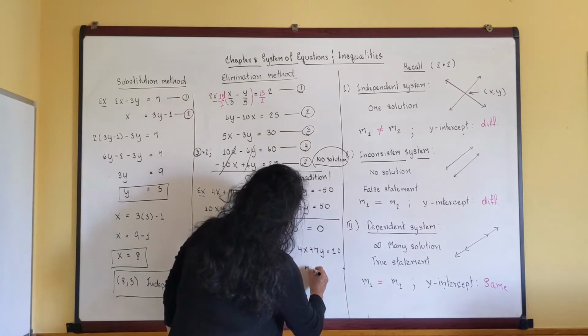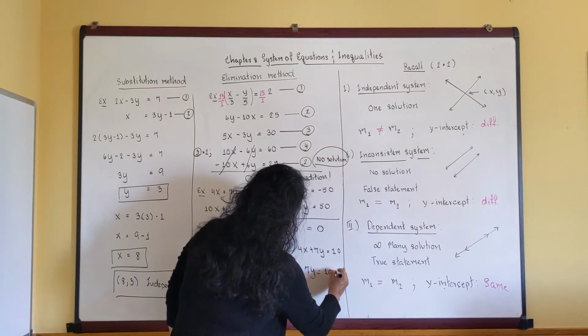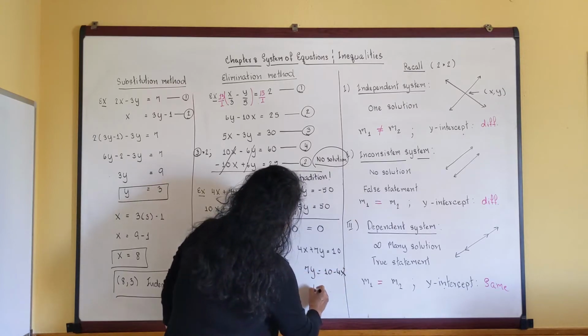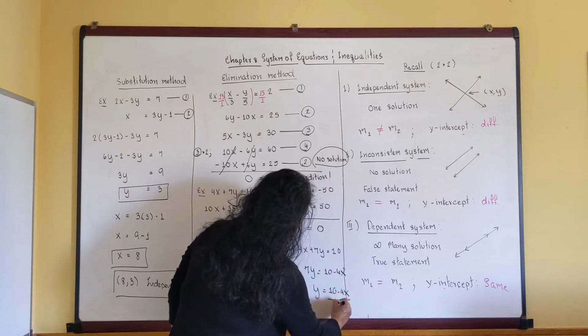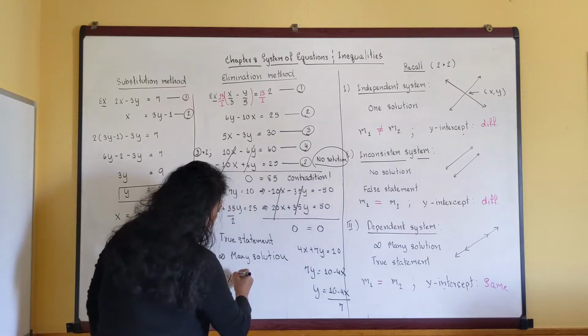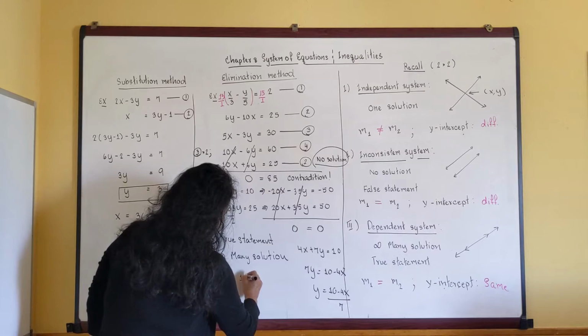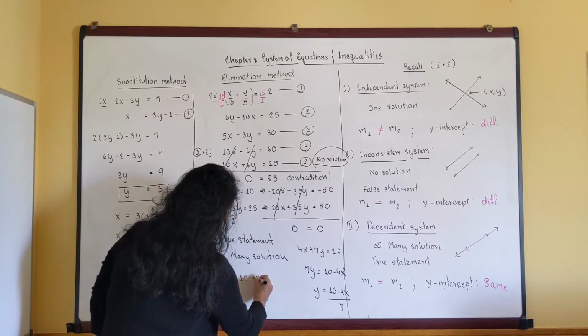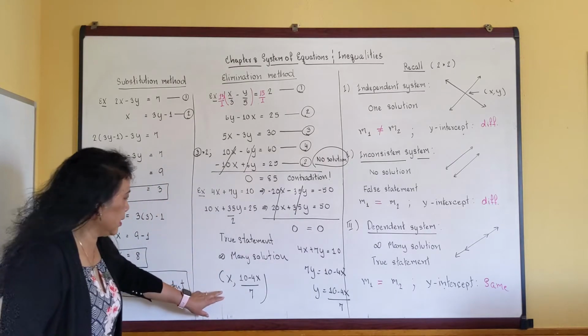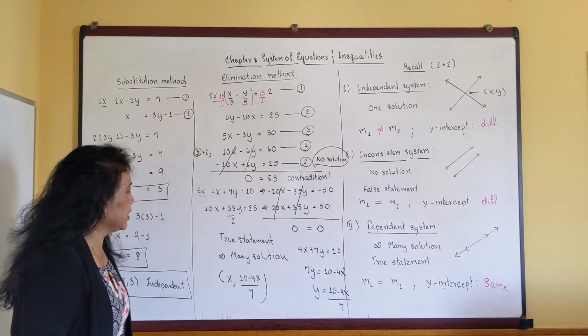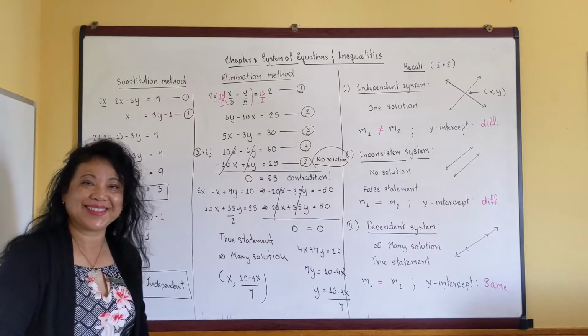So 7y would be 10 minus 4x. So y will be 10 minus 4x over 7. So depending on x, you can have different y. That's why it's infinitely many solutions.